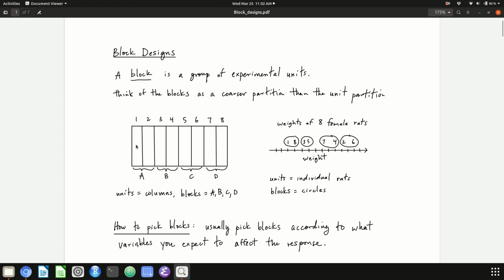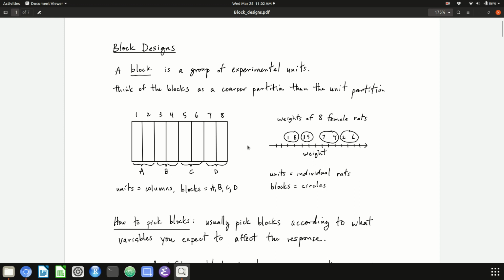So we could apply a different fertilizer treatment to this column than to this column. We could define blocks as just a group of units. So for example, block A would be these two units. Block B could be these two units, C these two, and block D these two.